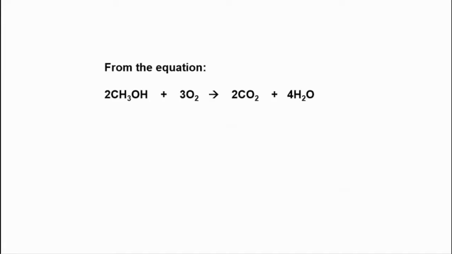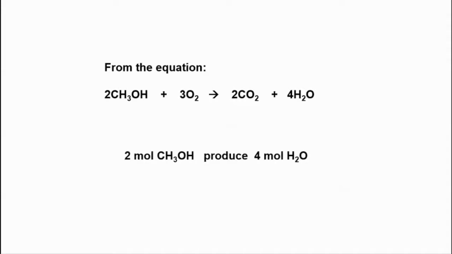So from the balanced equation, given that if we have 2 moles of methanol combusted, we are going to get 2 moles of carbon dioxide and 4 moles of water, and this reaction requires 3 moles of oxygen gas.